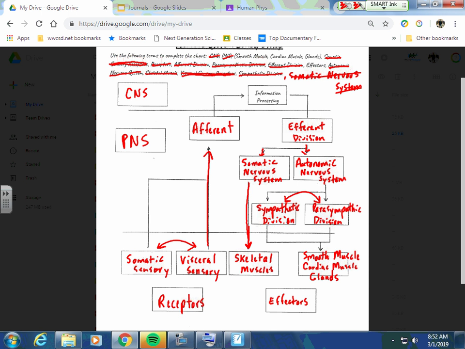So it could be skeletal muscle, could be smooth muscle, could be cardiac muscle, could be glands, any of those. Okay? So like I said, it's hard to visualize these pathways in the nervous system, but if you can memorize this and practice this, then you'll have a really good understanding as we continue to go through the nervous system, how things within the nervous system are connected and how they work. All right?